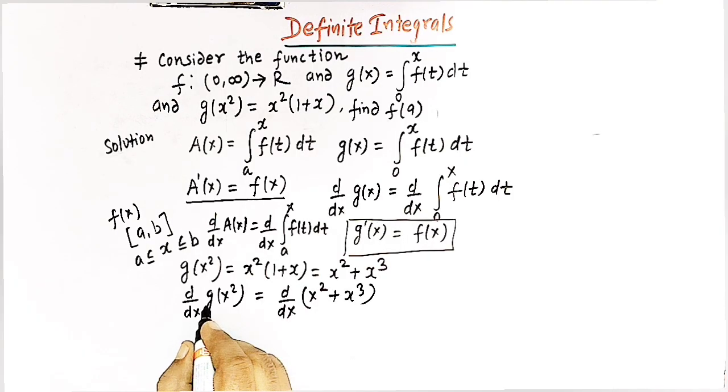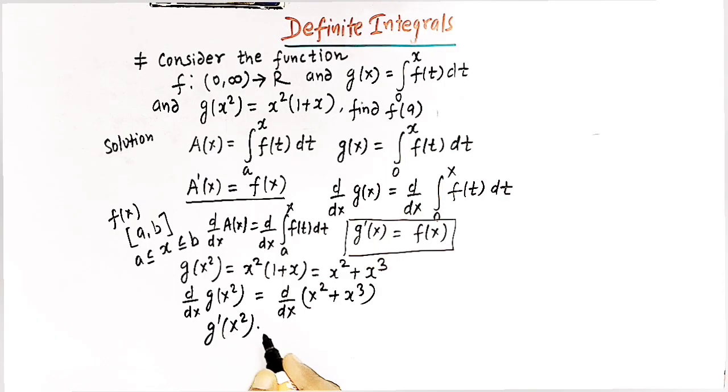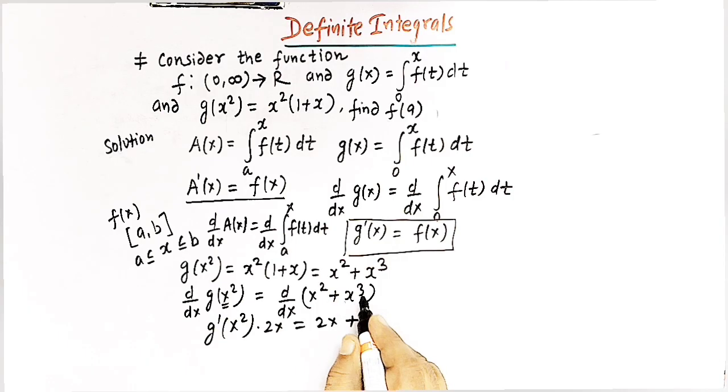So the derivative of g of x square is g prime of x square, and by chain rule the derivative of x square is 2x, and here the derivative of x square is 2x, and here the derivative of x cube is 3x square.